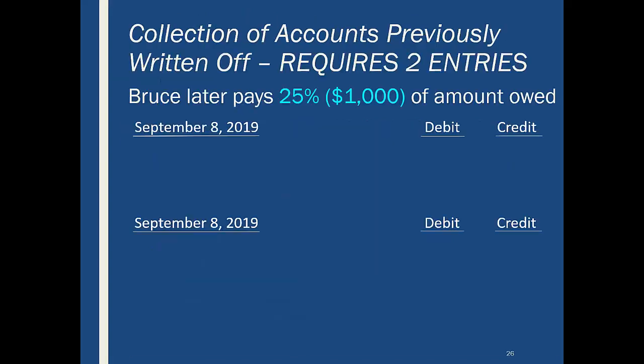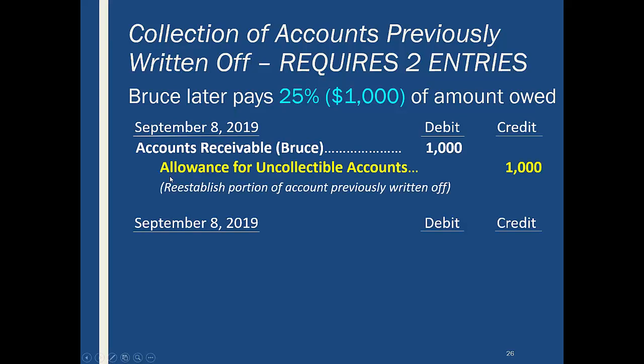Now, let's say later Bruce comes around and he decides he wants to be, well, somewhat of a good guy, and he says, you know what, I know you wrote me off, but guess what? I'm going to cough up some money and I'm going to pay you a little bit of what I owe. So he says, I'm going to give you $1,000. So on the 28th of December or September, when he comes around, then what we're going to do, and this is kind of a two-part entry, so hold on, we're going to put the amount back into the accounts receivable account for Bruce.